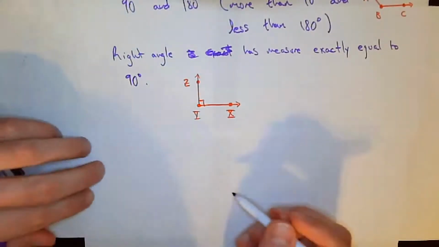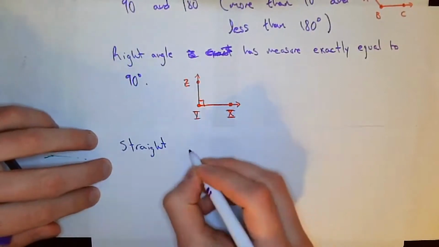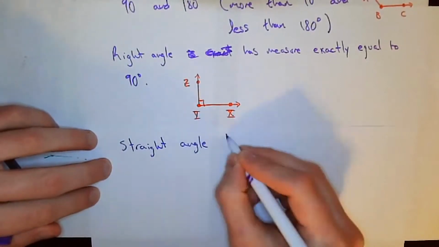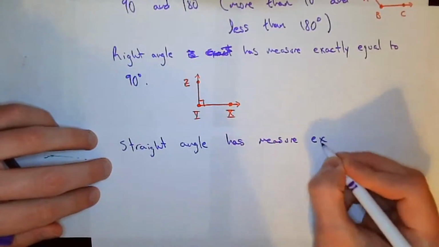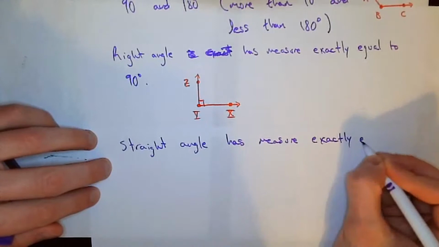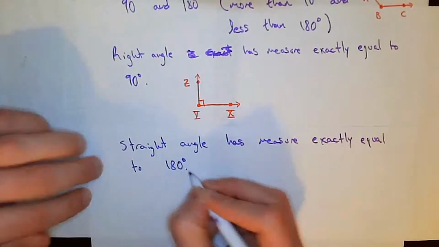And then finally, we have a straight angle. It has measure exactly equal to 180 degrees.